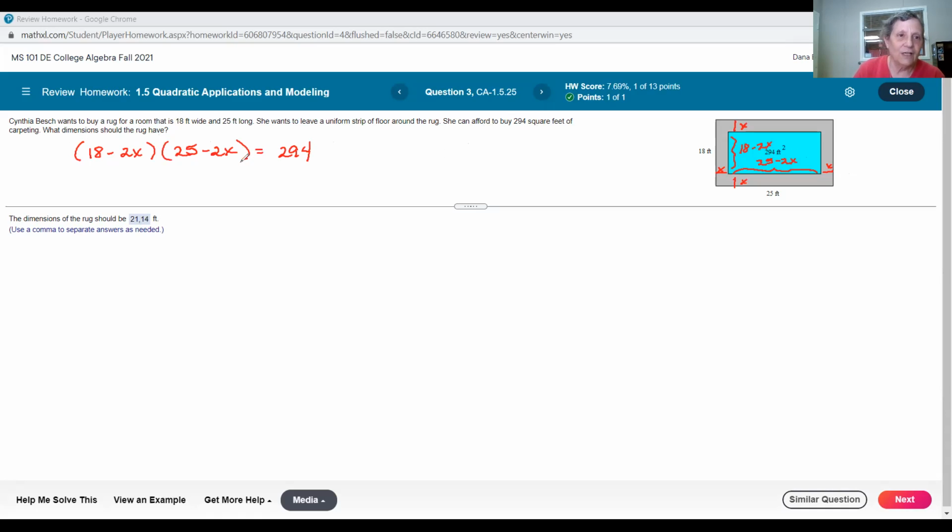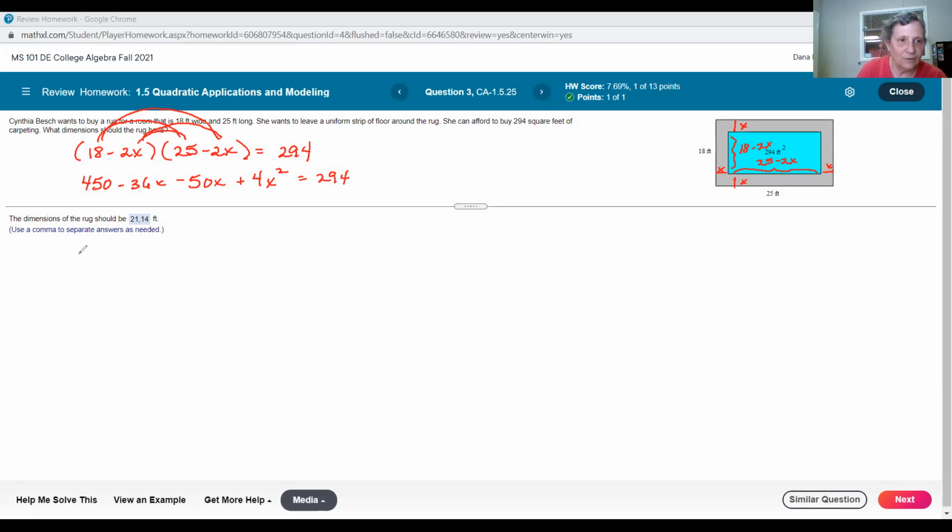So here's our quadratic. Let's work this out and see what happens. FOIL this. 18 times 25 is 450, minus 36x, minus 50x, plus 4x squared is going to equal 294.